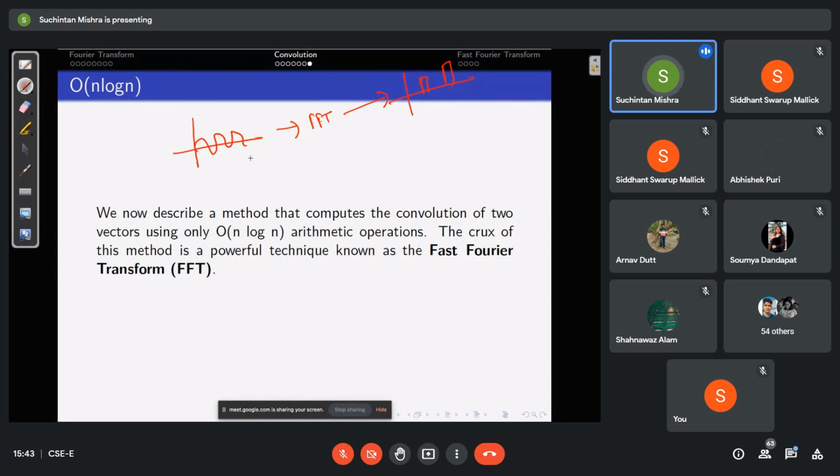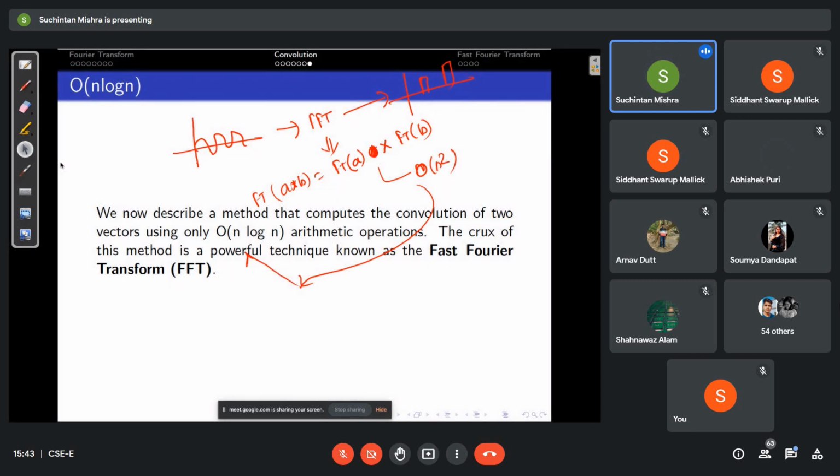Again, to break this problem further, we know that every composite signal is a convolution, so the Fourier transform of it is equal to the Fourier transform of A multiplied with the Fourier transform of B. Now, if it is to be multiplied, we have to reduce the time complexity from order of n square. For that, we need a divide and conquer approach. That divide and conquer approach can give us order of log n time.